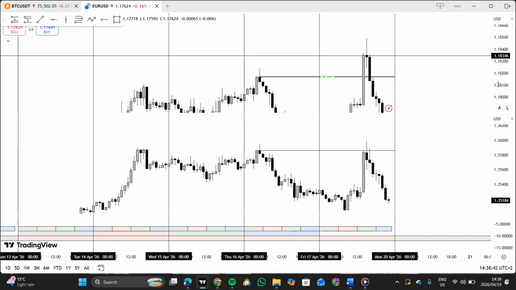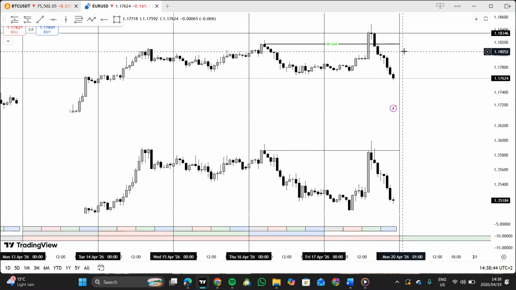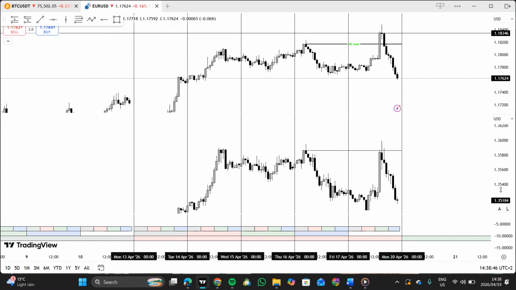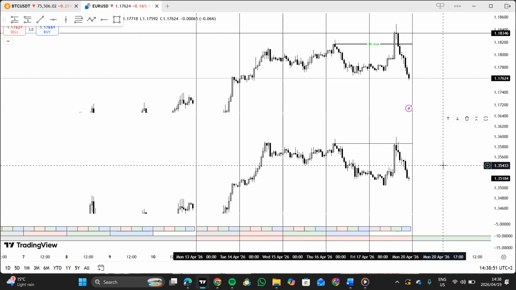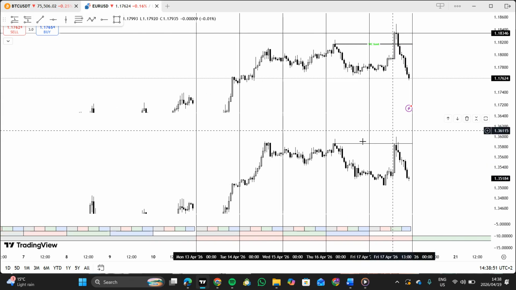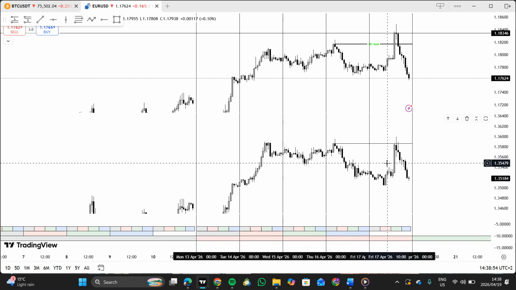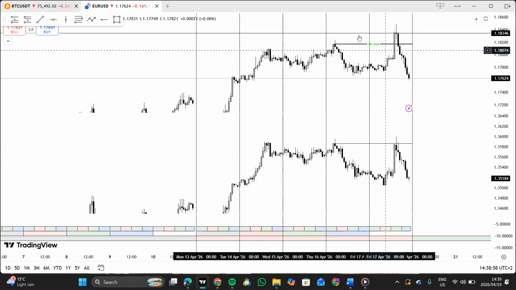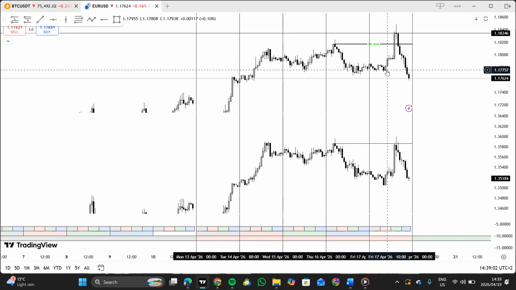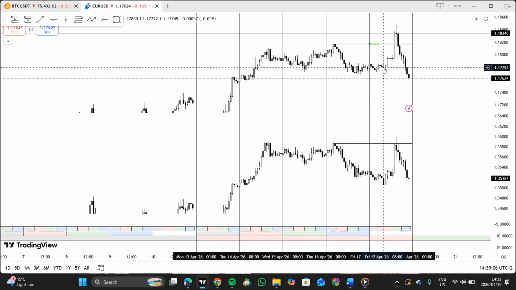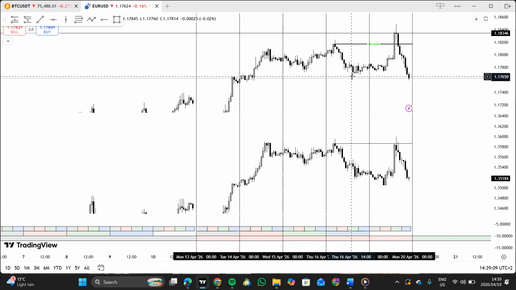I wanted to show you the breakdown of the trade we took last week. We targeted these lows over here, these failure swings, and this was the previous day low, which was taken out over here.